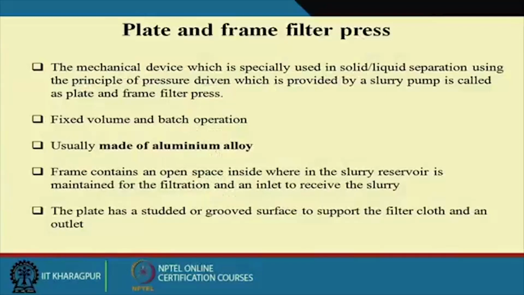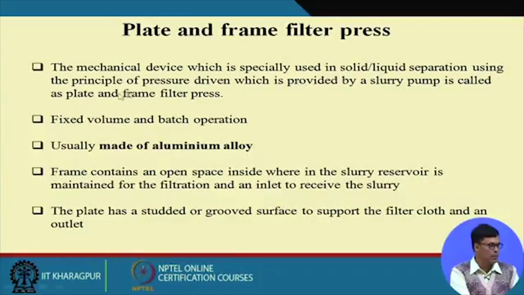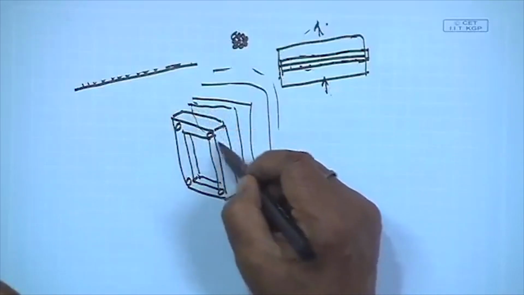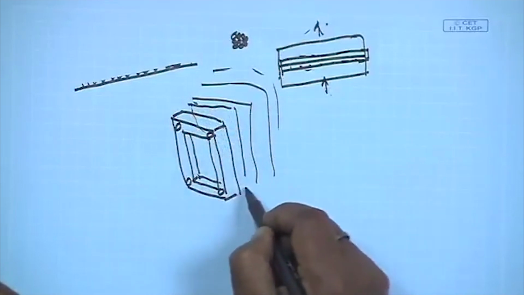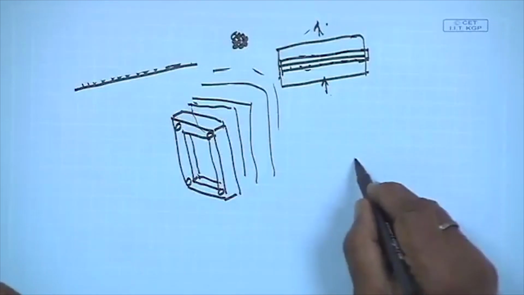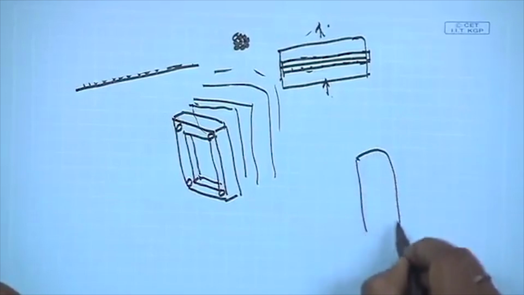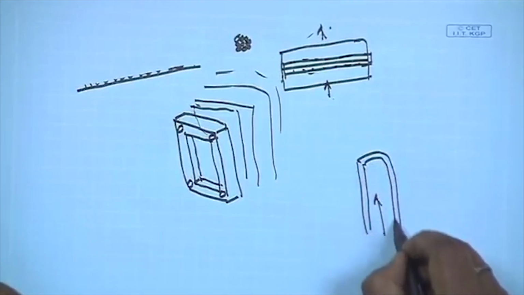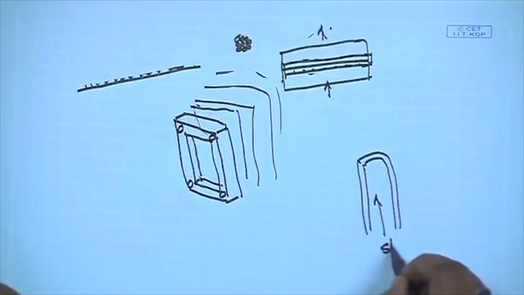So it is the mechanical device we specially use for solid liquid separation using the principle of pressure driven flow, with the slurry provided by a pump. So how is it done? Suppose this is the frame here, and we put the thick cotton pad here, and we pass the slurry.